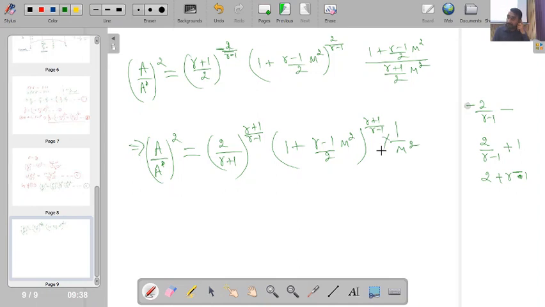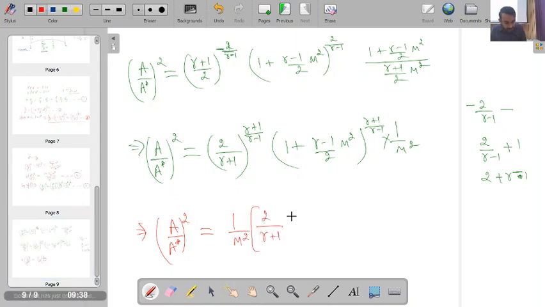If you do a little bit of algebraic manipulation, you will find this expression. So I can write finally that A by A star square will become 1 by M square times 2 by gamma plus 1 times 1 plus gamma minus 1 by 2 M square, and this whole power is gamma plus 1 by gamma minus 1. Fine.